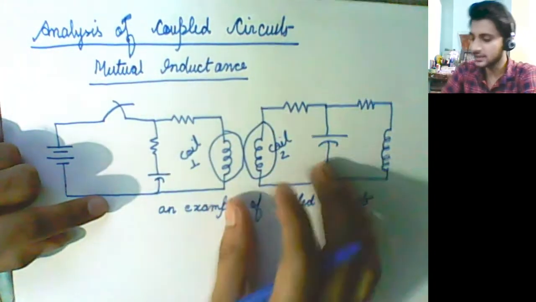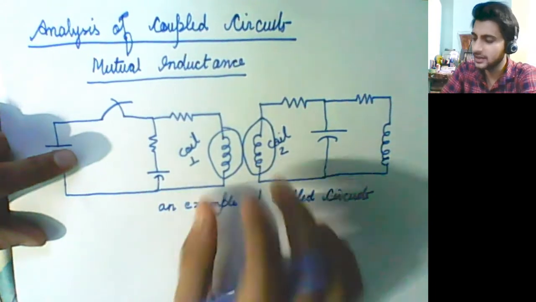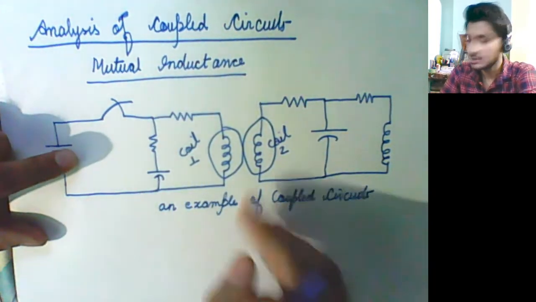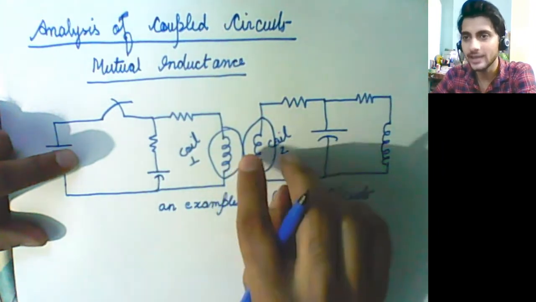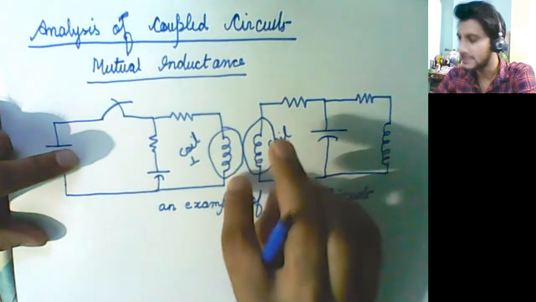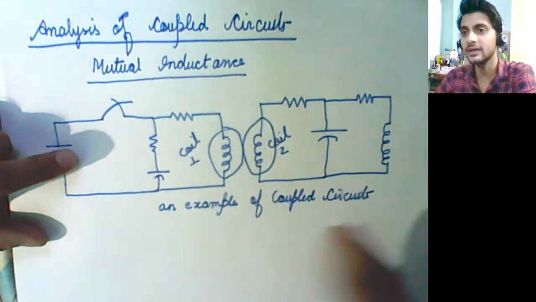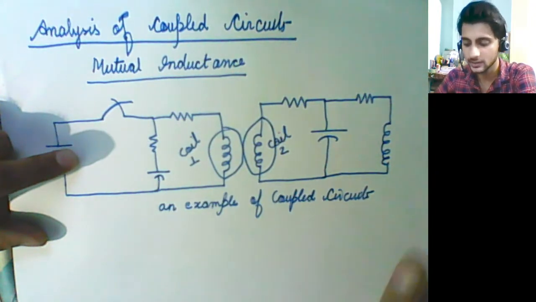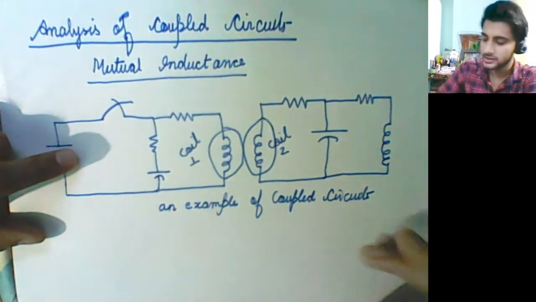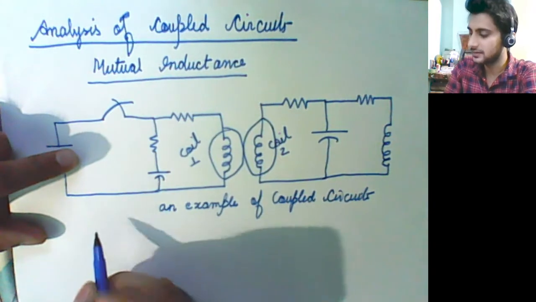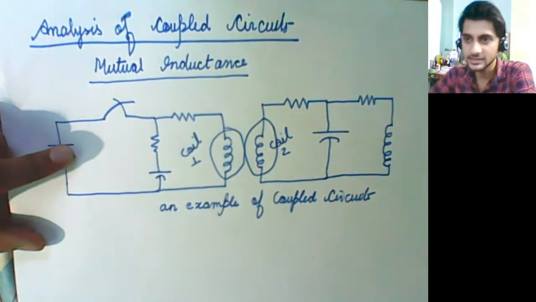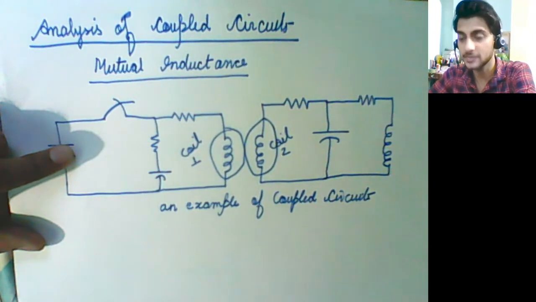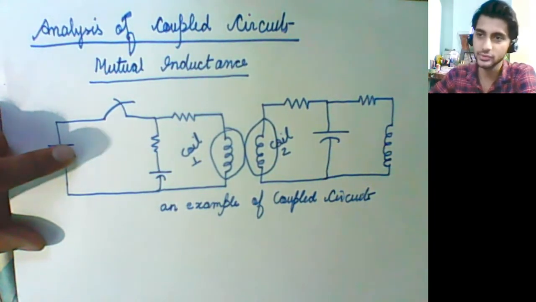Such a circuit we can call a coupled circuit, and it is not just that you have to place the coils in the vicinity of each other. It can be distant also, but the effect may reduce with distance. So first of all, we see that coupling may or may not happen at distant places, but in the vicinity, coupling is supposed to happen.